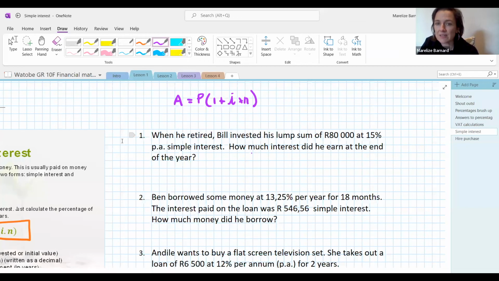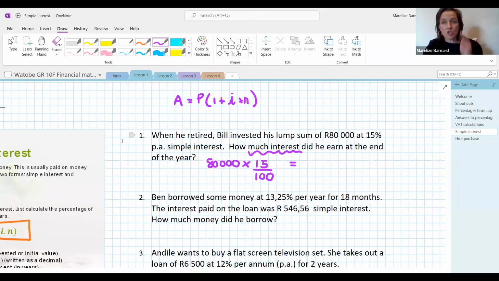How much interest did he earn at the end of the year? So he invests his money for 1 year, but read carefully, okay? How much interest? So first we're going to say 80,000 times, and he's getting 15% interest, so 15 over 100.